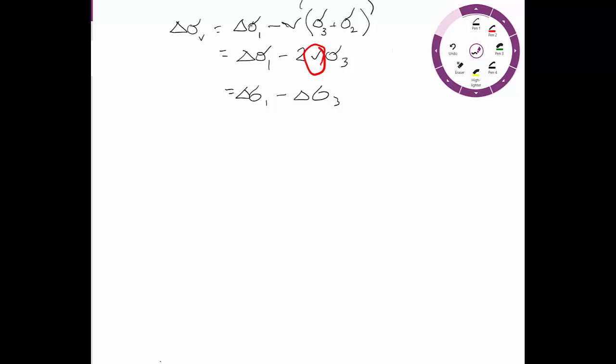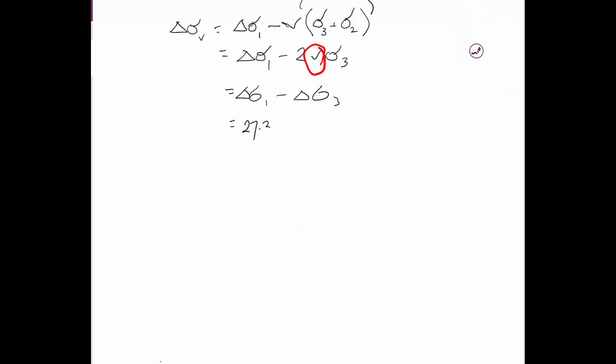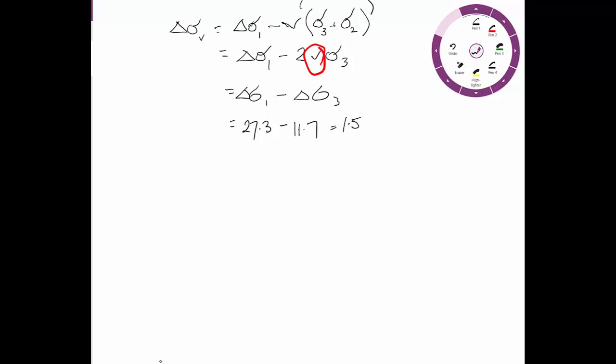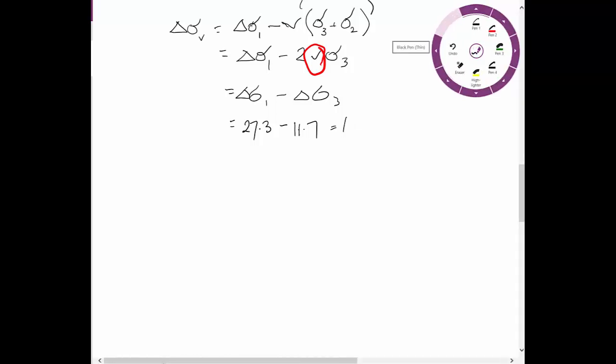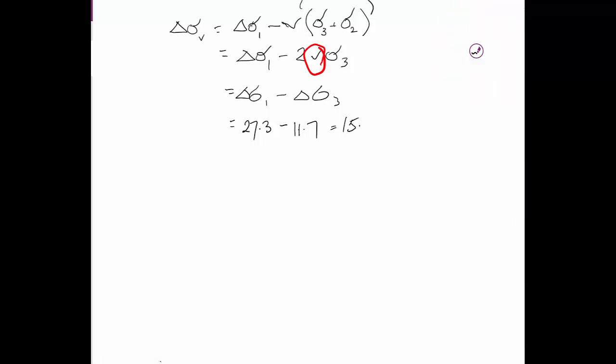Hence we can simplify it down to that, which equals what we've calculated before, 27.3 minus 11.7 kPa, which equals 15.6 kilopascals. Get it right, Mark? .6 kPa.